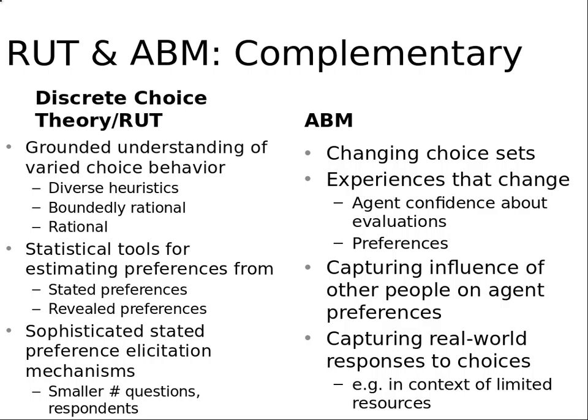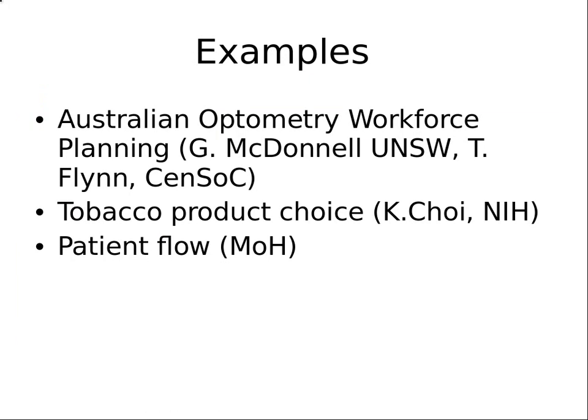The fact that they make a choice may reserve a resource in the world, may limit the choices that are open to other individuals, etc. So we've been working in this area, particularly in the workforce planning area for Australia, together with Jeff McDonald, Terry Flynn, and Keith Masnick in Australia, but also increasingly with intramural researcher Kelvin Choi at the NIH.